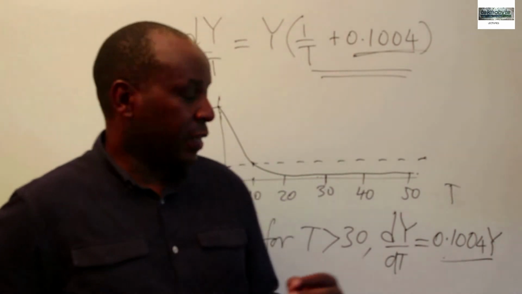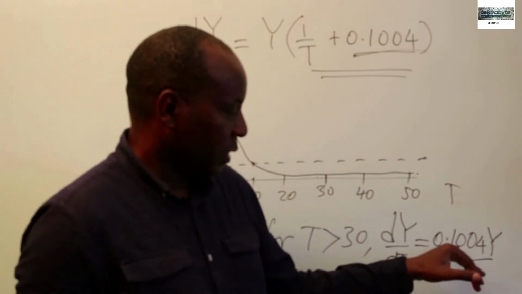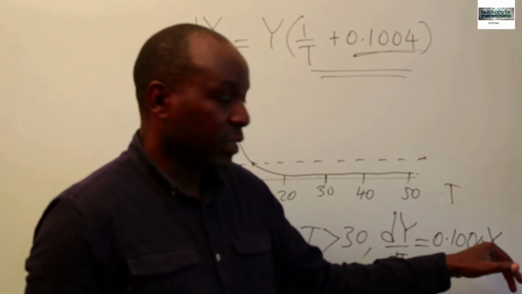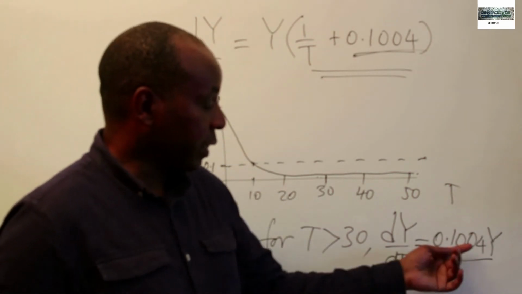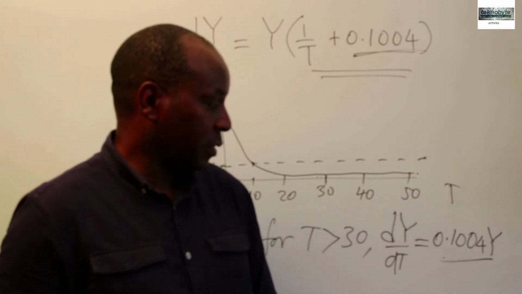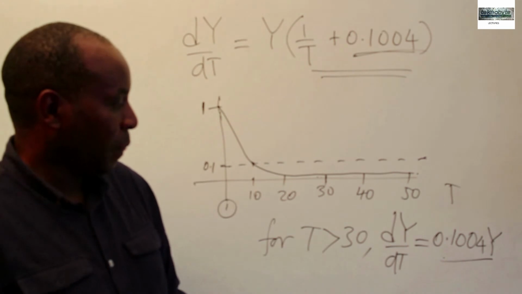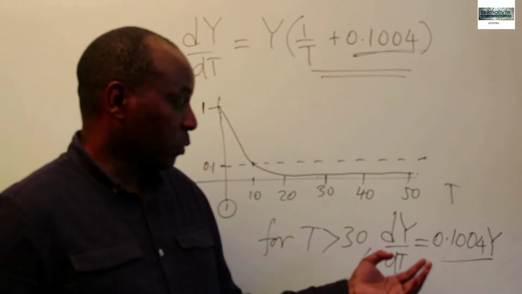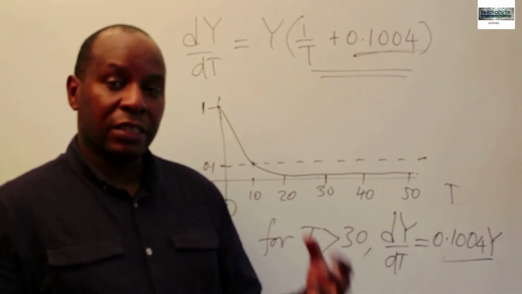So, in other words, we are saying that the rate of increase from the previous day is just dependent on the number of cases y. It's directly proportional to the number of cases y. This is what we call exponential growth. Exponential growth is defined precisely as this: the rate of increase is proportional to the number of cases.